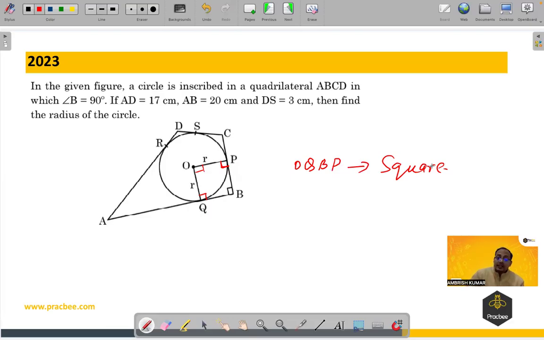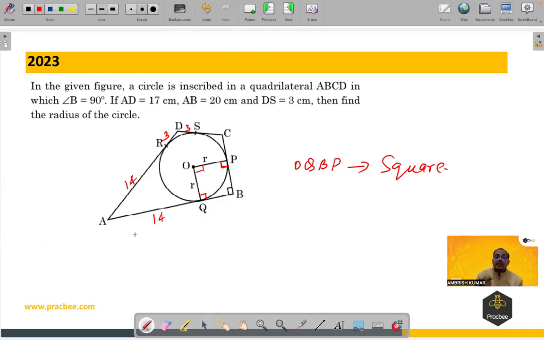AD is 17, AB is 20, that's okay. DS is 3. If DS is 3, DS and DR are going to be equal, no? Length of tangents from an external point. So this DR is again 3. If DR is 3, total AD is 17, so AR is going to be 14. AR 14 means AQ is again 14, right?